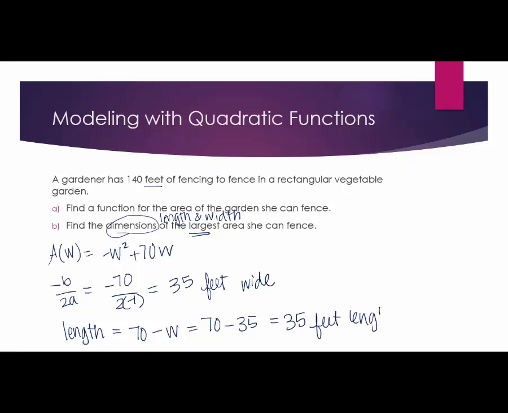Turns out that this is going to be a square. That doesn't make sense. All right, 35 feet long, that sounds better, and 35 feet wide. Those are the dimensions of the largest area. We could find what that largest area is by plugging these in to my function A, but it's not necessary. It's not asked for.